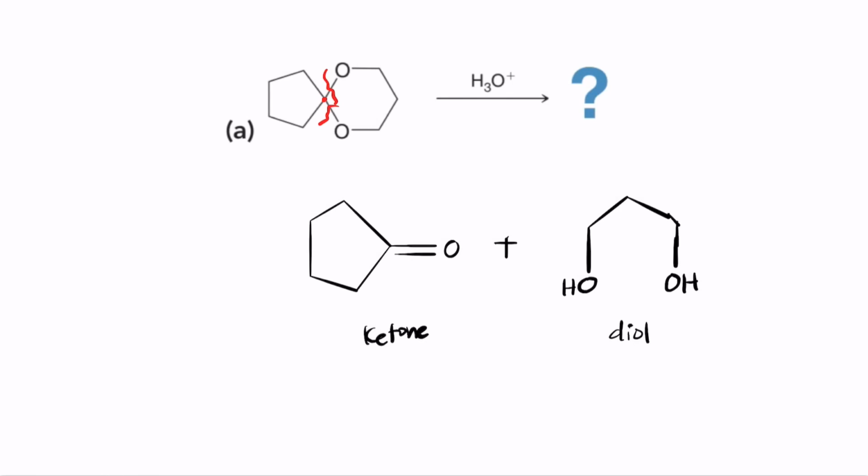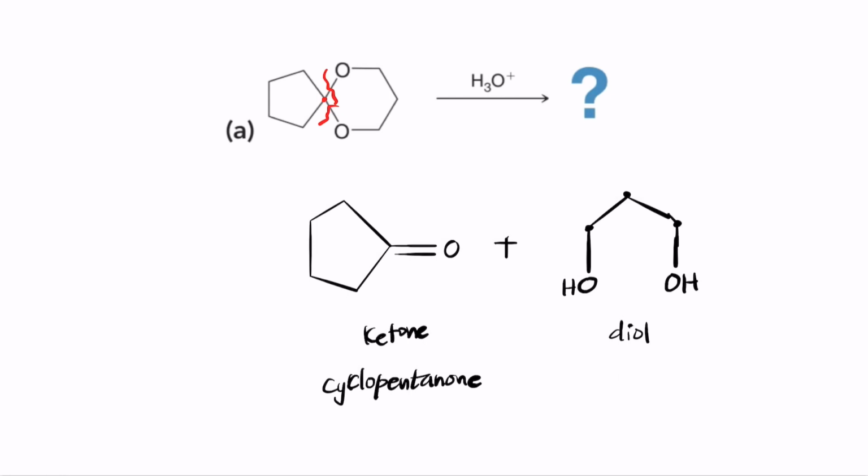So this is the process of formation of the compound that you have here. Now, when you want to write down the actual name of the compound, this is cyclopentanone. And in this compound you have 3 carbons: CH2, CH2 and CH2, and then OH on each end.